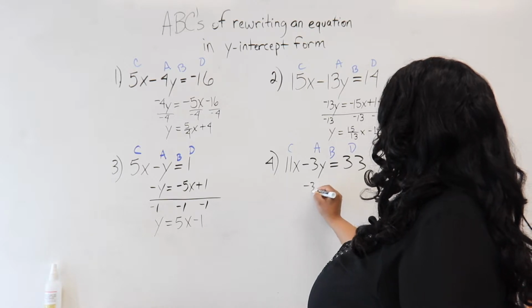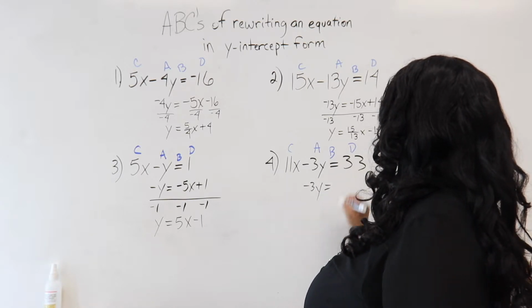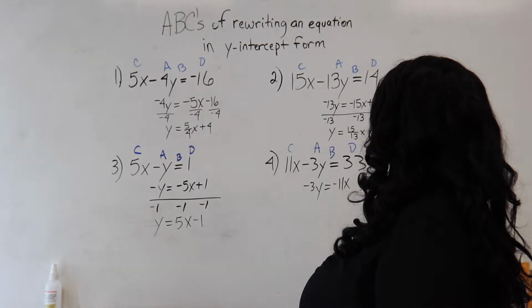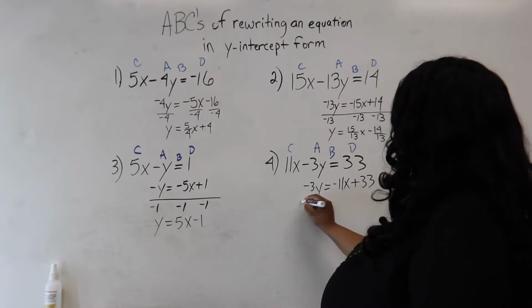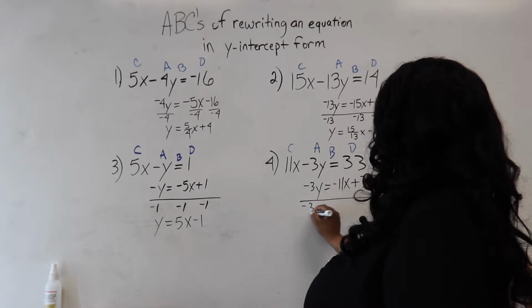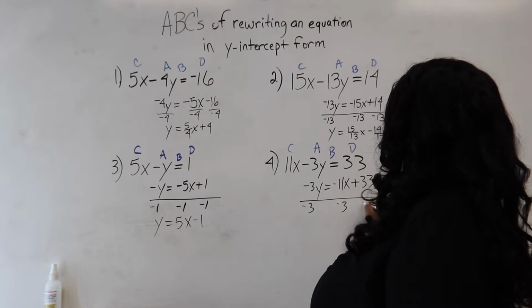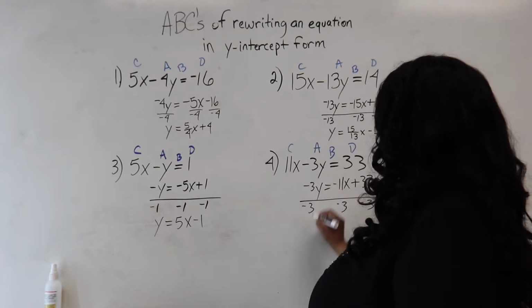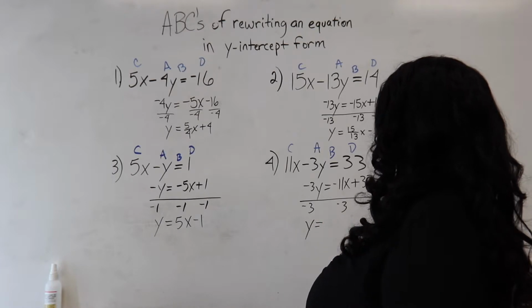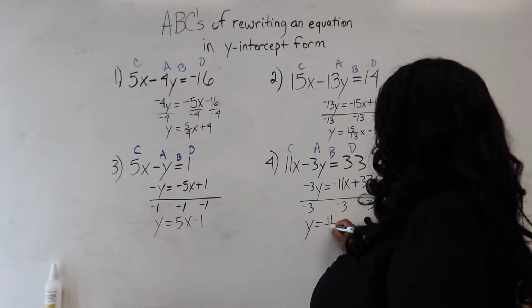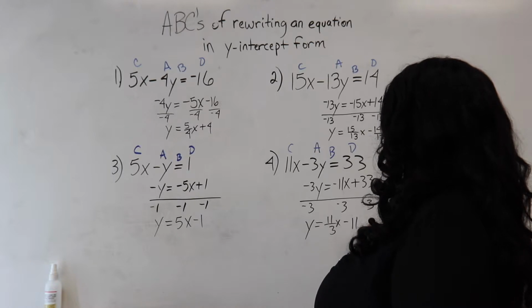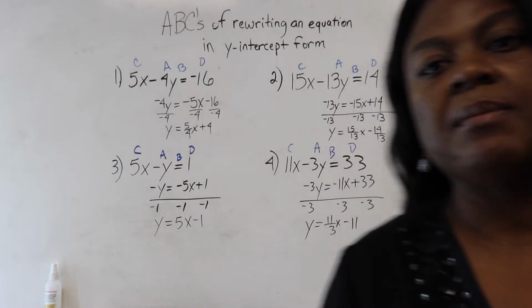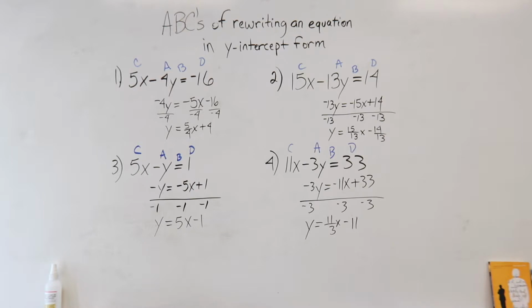So we have negative 3y equals negative 11x plus 33. Okay? Divide everything by 3. That's y. That's going to be 11 over 3x. And that's going to be minus 11. 33 divided by 3 is 11.